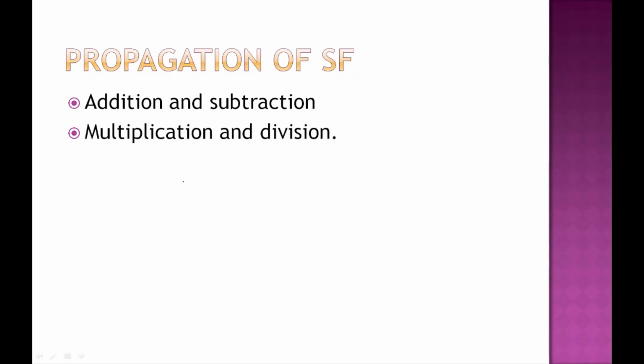Let's understand it with another example. Say I have 6.028 minus 4.01. Now in this case also, the least number of digits after the decimal point is 2, in 4.01. So in the answer also we will have 2 digits after the decimal point.